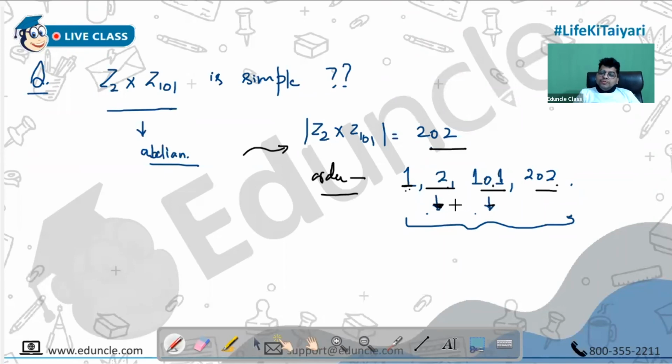Okay. So it means these are also normal. Why normal? Because if a group is abelian, then every subgroup is normal. It means we have a non-trivial normal subgroup. Okay, yeah.